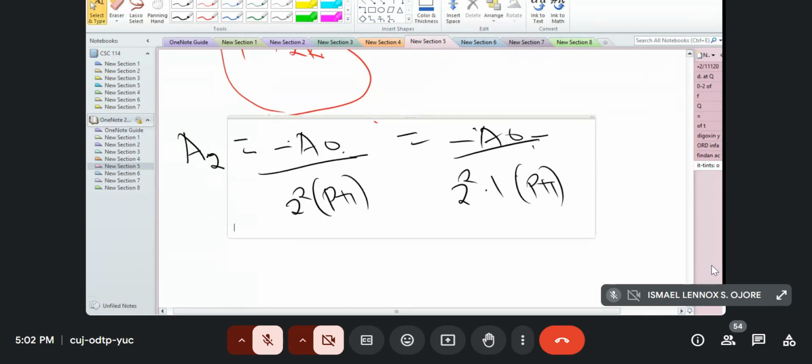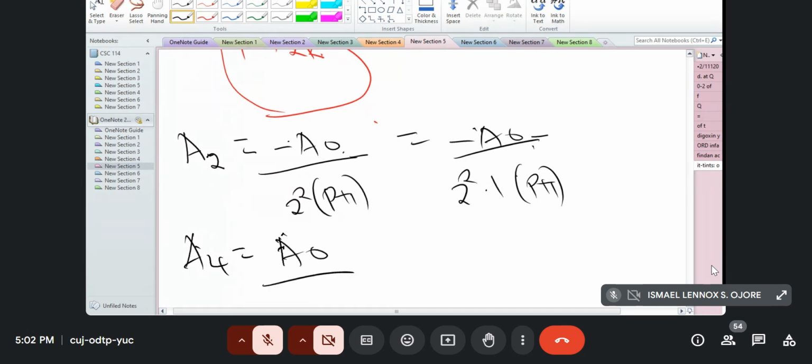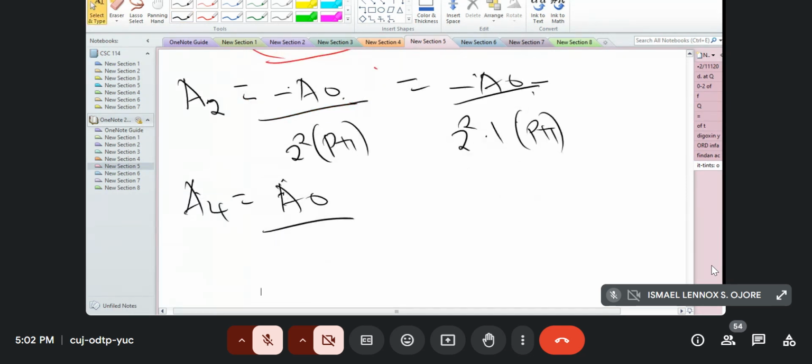Okay. Our F4, what was our F4? A naught divided by 2 power 4 times 2, times p plus 1 times p plus 2.